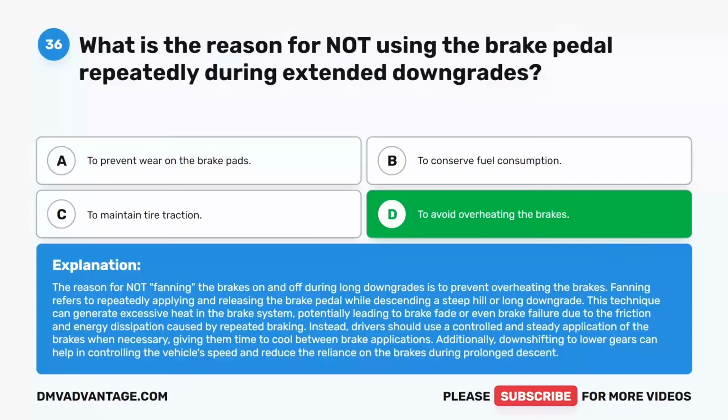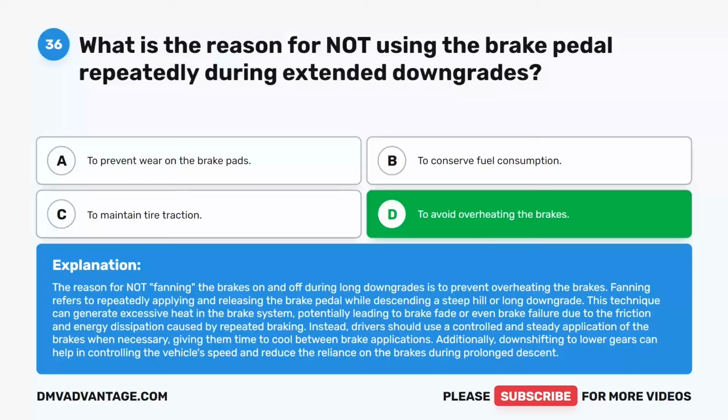The reason for not fanning the brakes on and off during long downgrades is to prevent overheating the brakes. Fanning refers to repeatedly applying and releasing the brake pedal while descending a steep hill or long downgrade. This technique can generate excessive heat in the brake system, potentially leading to brake fade or even brake failure due to the friction and energy dissipation caused by repeated braking.